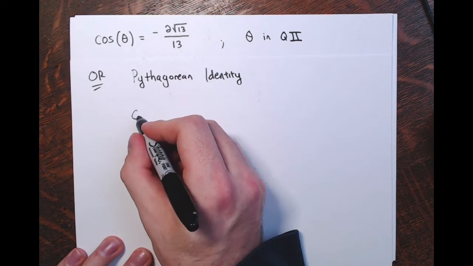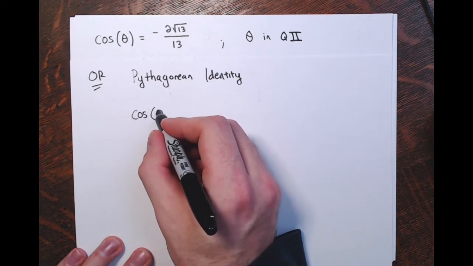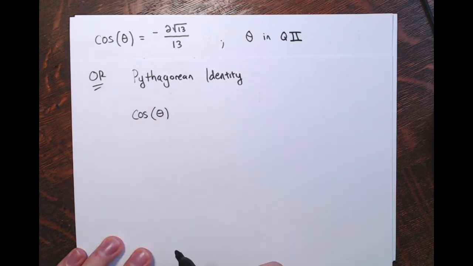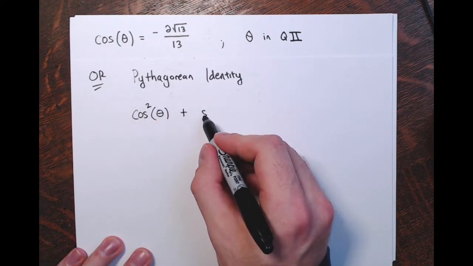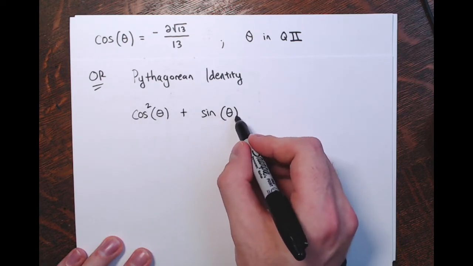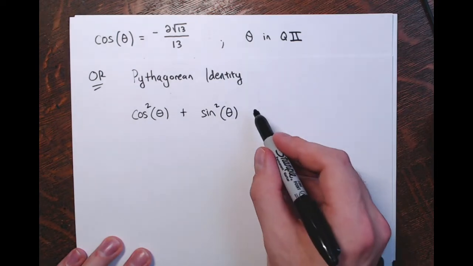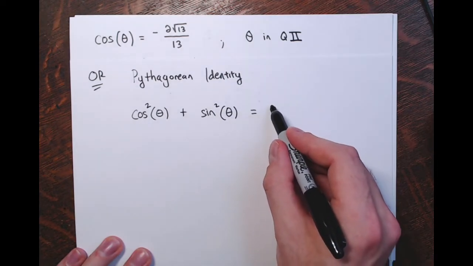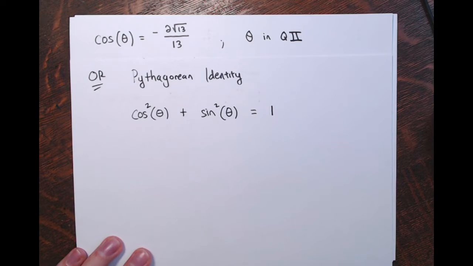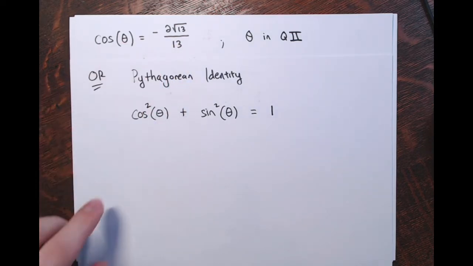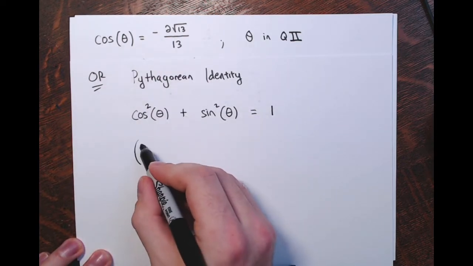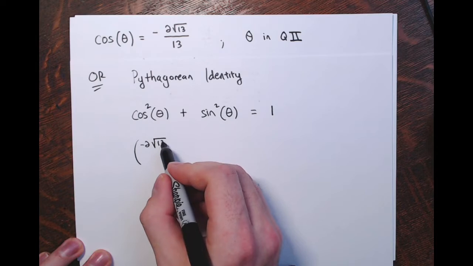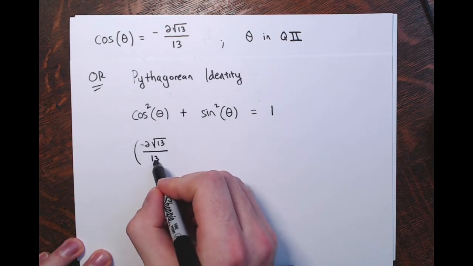That states that the cosine of an angle, and this time I'll use theta instead of t because they have theta there, squared, plus the sine of that same angle squared should be equal to 1 all the time. Now we are told the cosine. So I'm replacing cosine theta with negative 2 times the square root of 13 divided by 13.